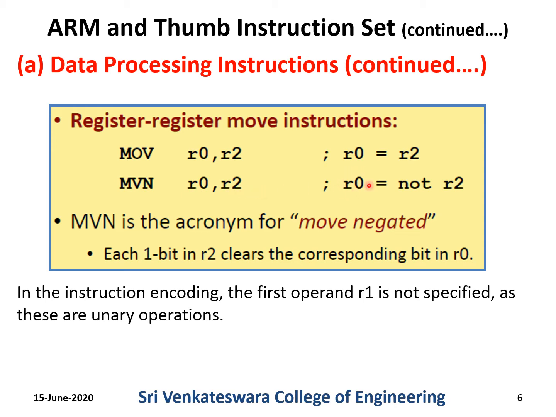So R0 is replaced with not of R2. So though they appear as data transfer instructions, because of this copy and small changes in the operand values, they can be classified as data processing instructions.